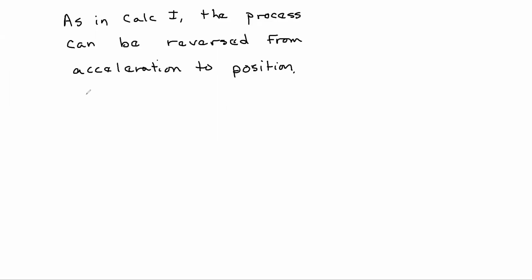One way that you could see that is if we started with acceleration, we know that acceleration equals the derivative of velocity, which you could instead write as dv/dt, the derivative of velocity.